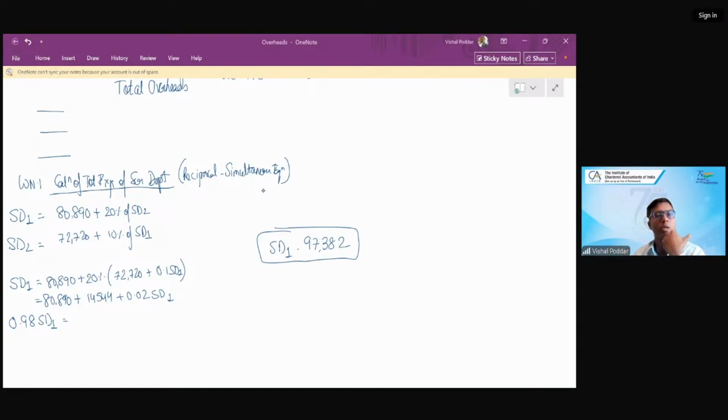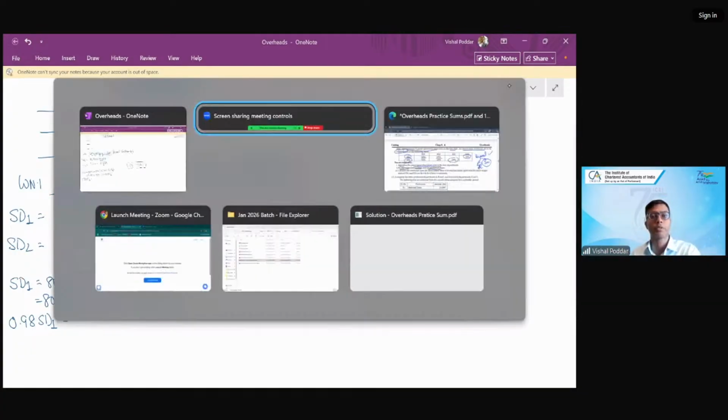Kuldeep, how can you allocate 540? What about the 10%? I did not understand your answer, Kuldeep. Harsh is saying SD1 is 10% of Y. Harsh, please see the question.